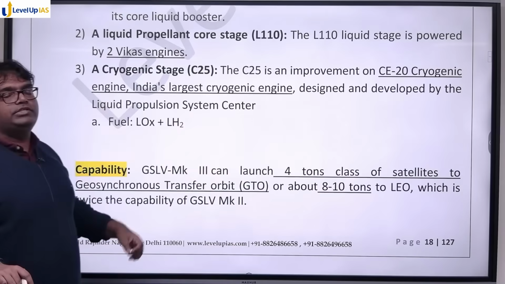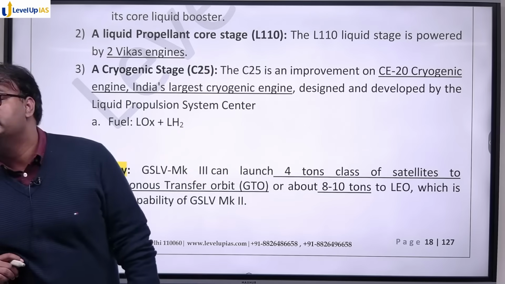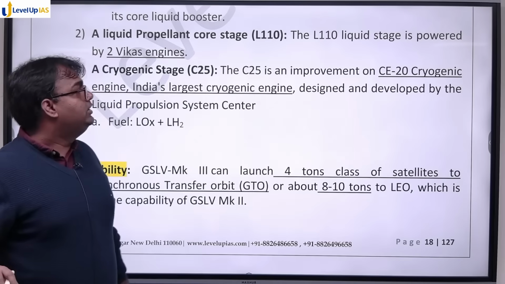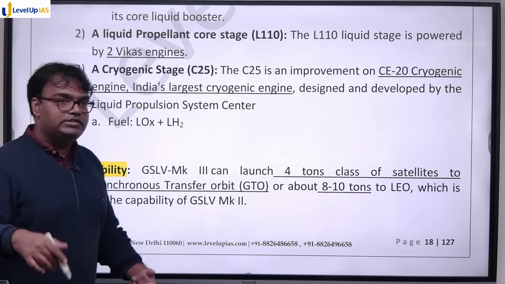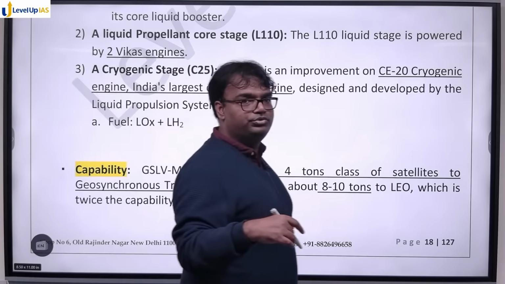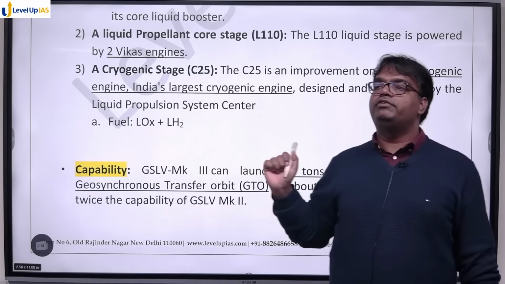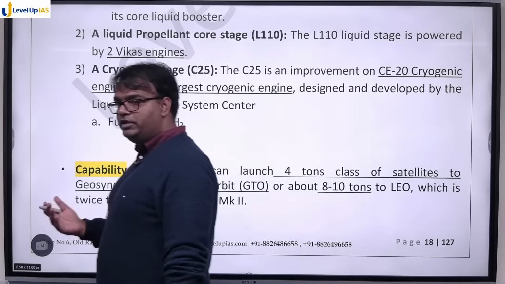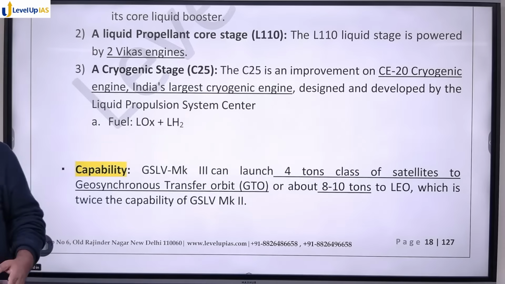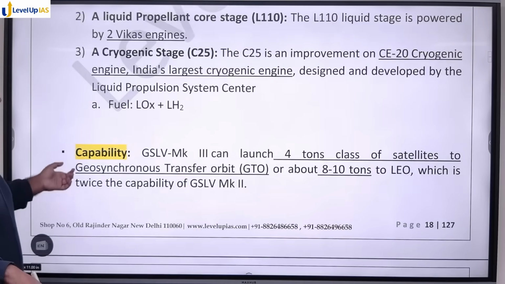But this cryogenic engine is not CE 7.5, this is C25, which has been developed by India from scratch. Here reverse engineering and all has not been used, and therefore it has not given us failures so far. In the developmental phase, also in the commercial launch that we have started, LVM 3 has had no failures.